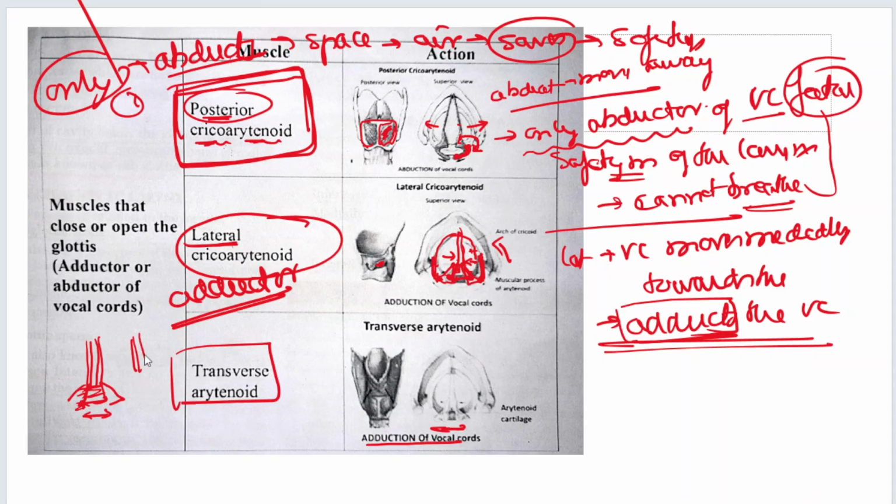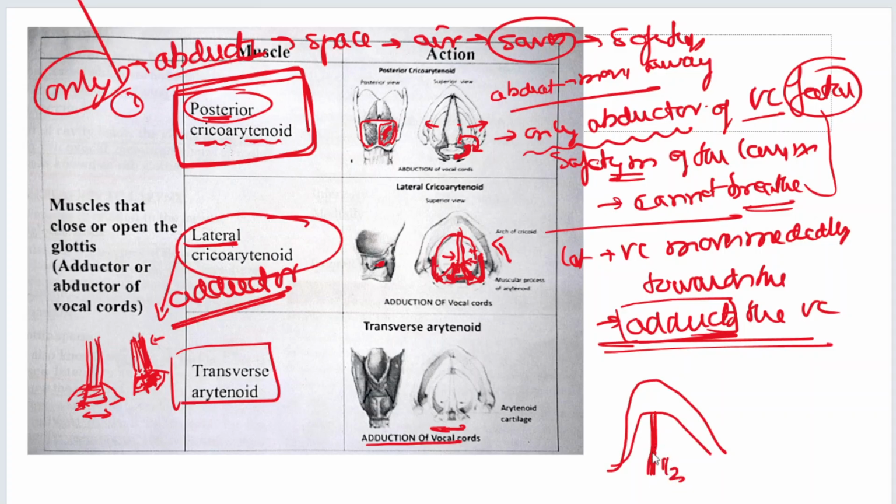So if the transverse arytenoid functions, both the arytenoids, so this is the arytenoid, this is the arytenoid, and both the vocal processes are already brought together by the lateral cricoarytenoid. The transverse arytenoid will bring these two together and close the entire vocal cord. So the vocal cord, as we know, has a membranous part and a cartilaginous part. The posterior one third is called the cartilaginous part.